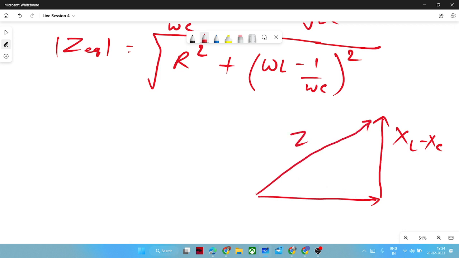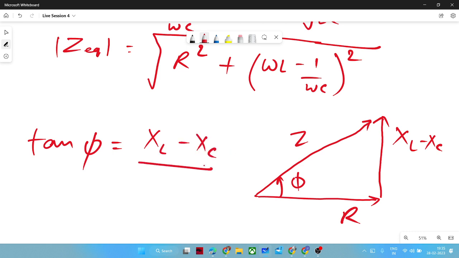So this angle is your power factor angle. This is your R, and this phi will satisfy tan phi, right? So tan phi will be equal to XL minus XC divided by R. For the power factor angle you just need tan inverse of this value.